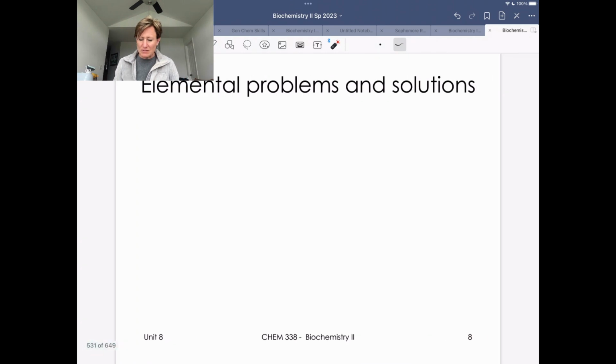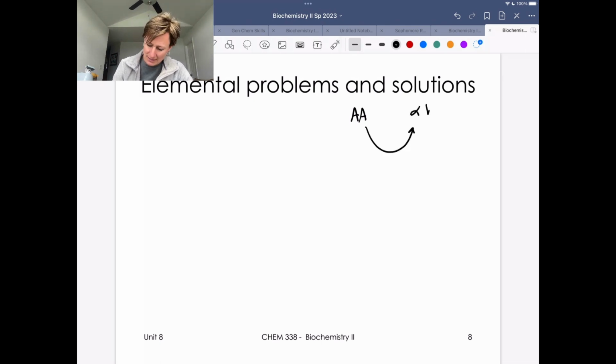So taking a little bit of a deeper dive on this, we're going to talk about how this problem is actually fixed. In a very generic sense, we're going to be talking about taking any given amino acid and making it into its cognate alpha keto acid skeleton.